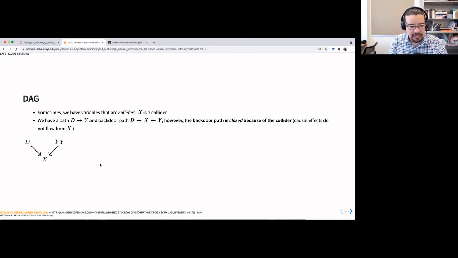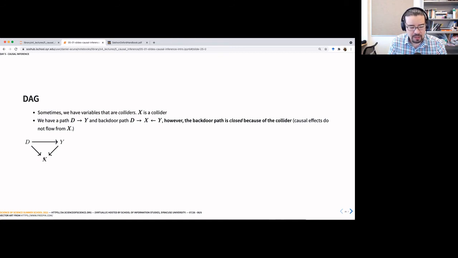Sometimes you have things like this, which is different. I don't have an intuitive example, but you can have something where the treatment affects some random variable, and also the outcome affects the same variable.